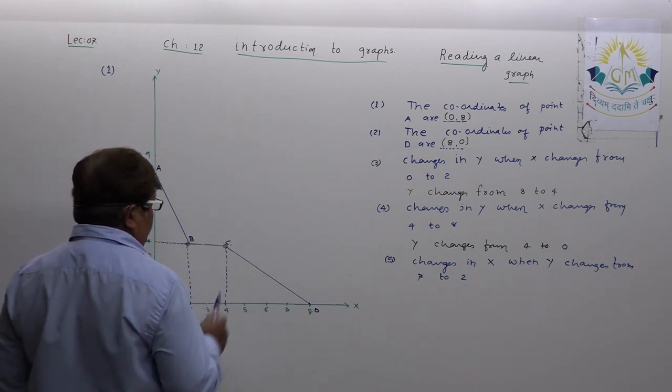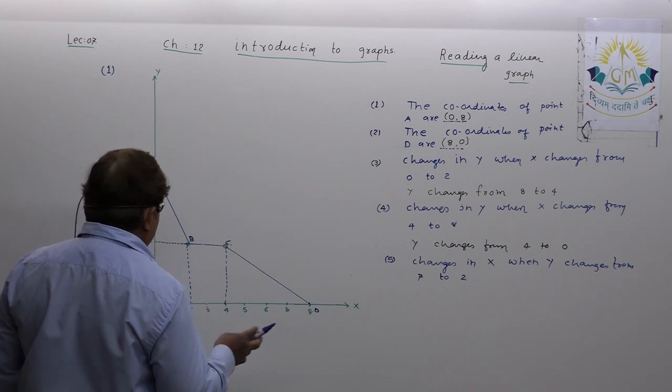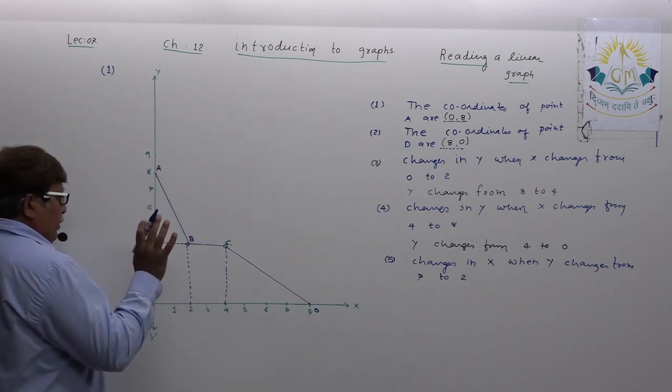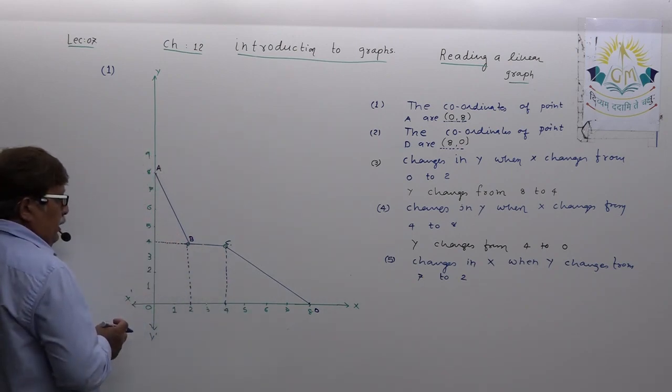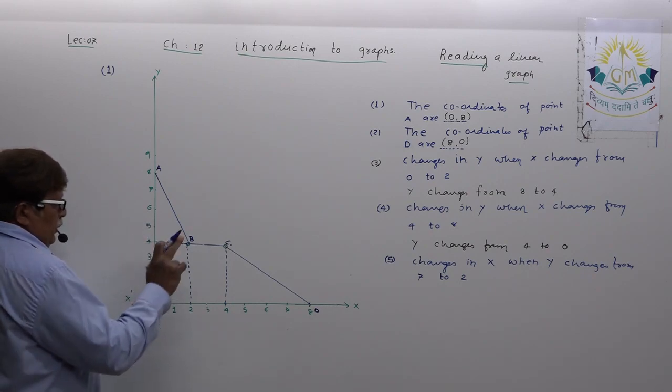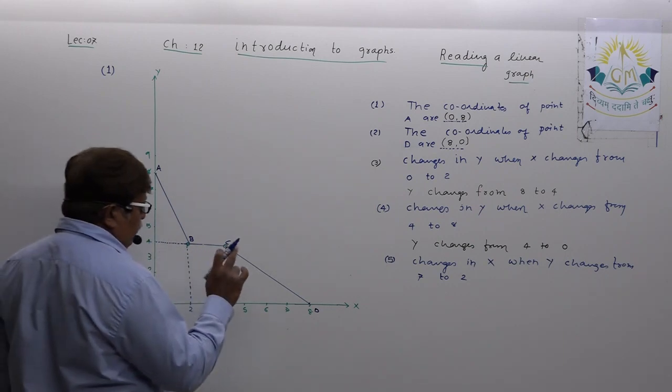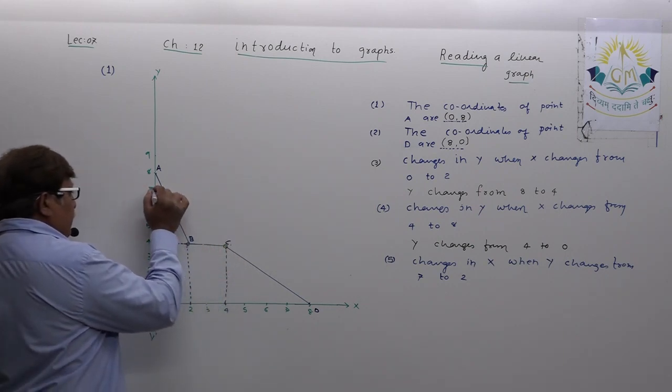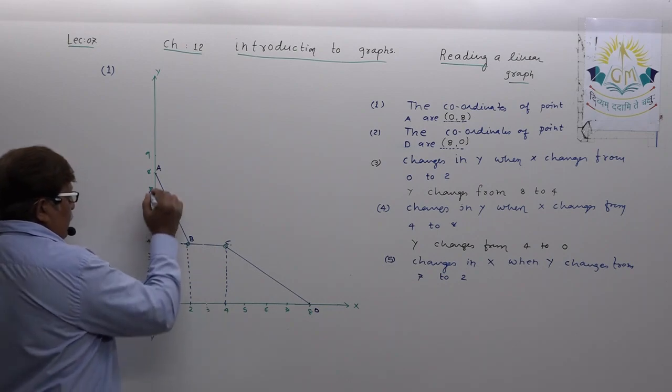changes in x when y changes from 7 to 2. What you have to do, first you select both the values of y given. One is 7, one is 2.